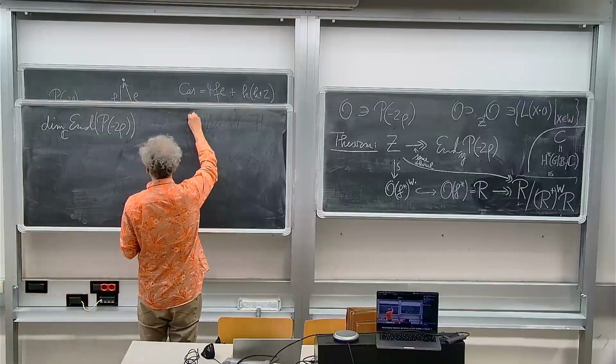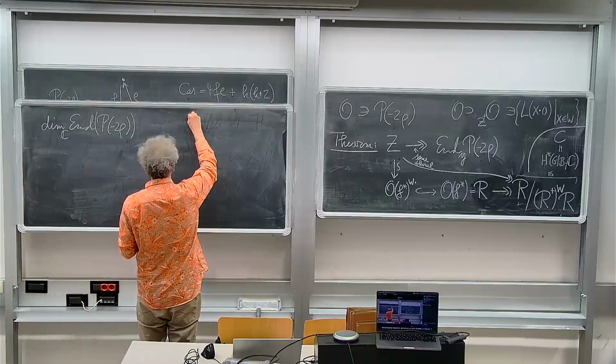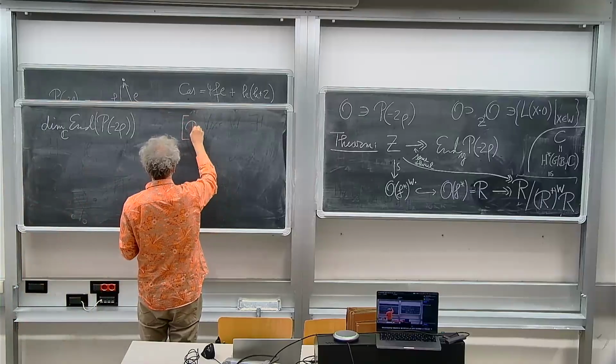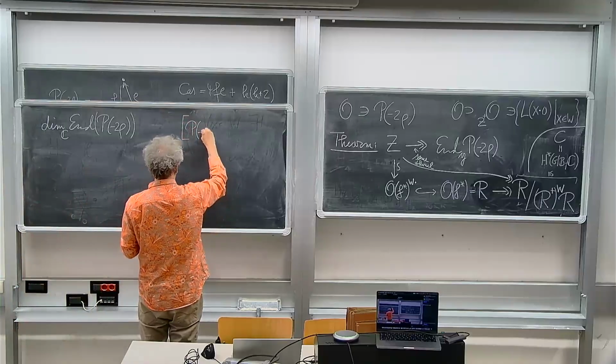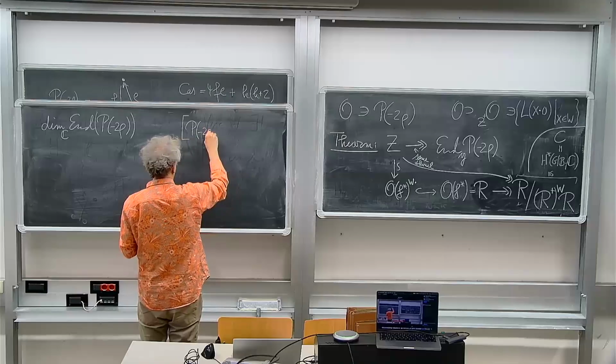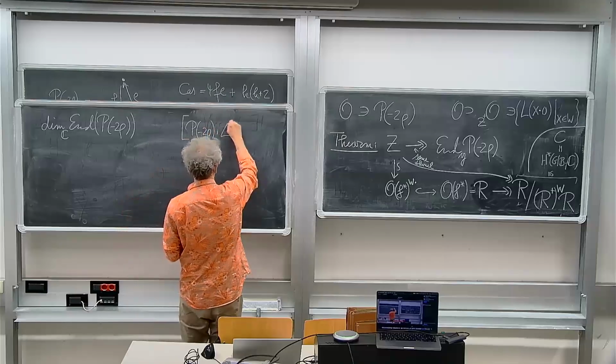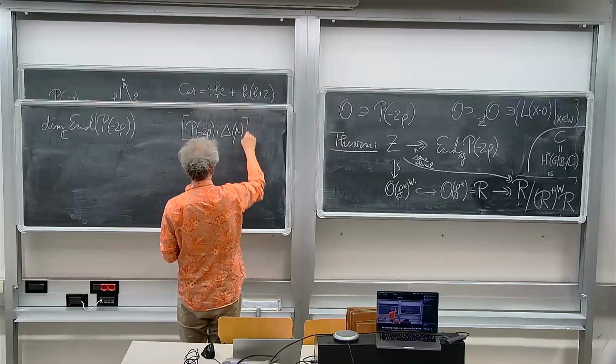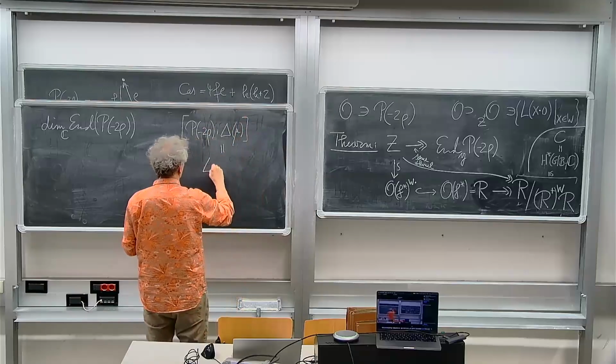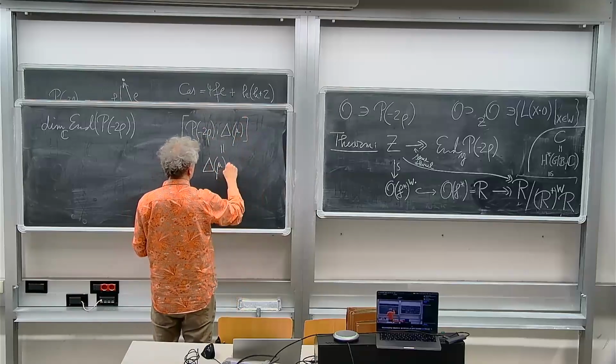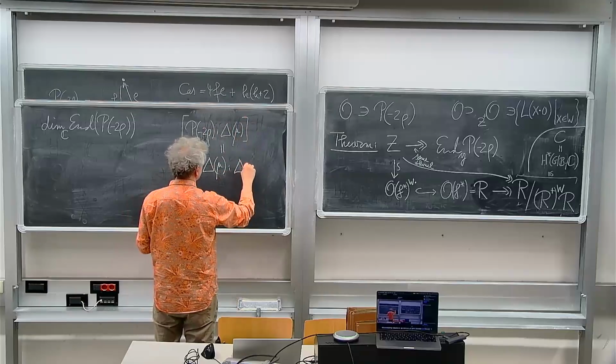I know that the multiplicity of a Verma subquotient of this guy is the same as the multiplicity of the simple inside an arbitrary Verma.